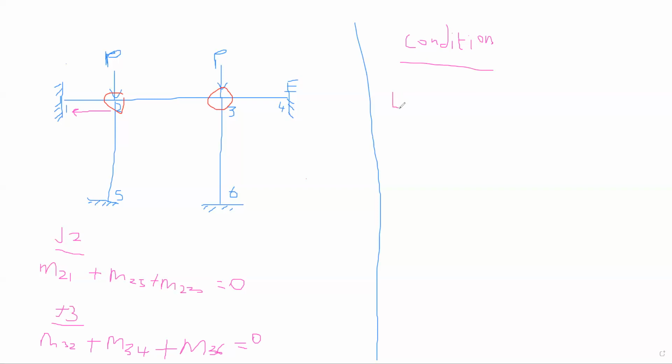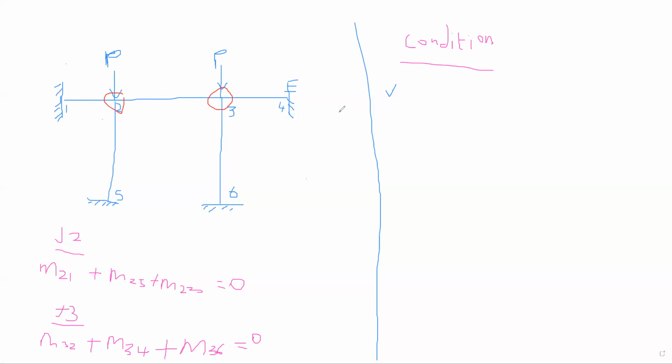When you have no load passing through the member, like member 1, 2, do you get it?